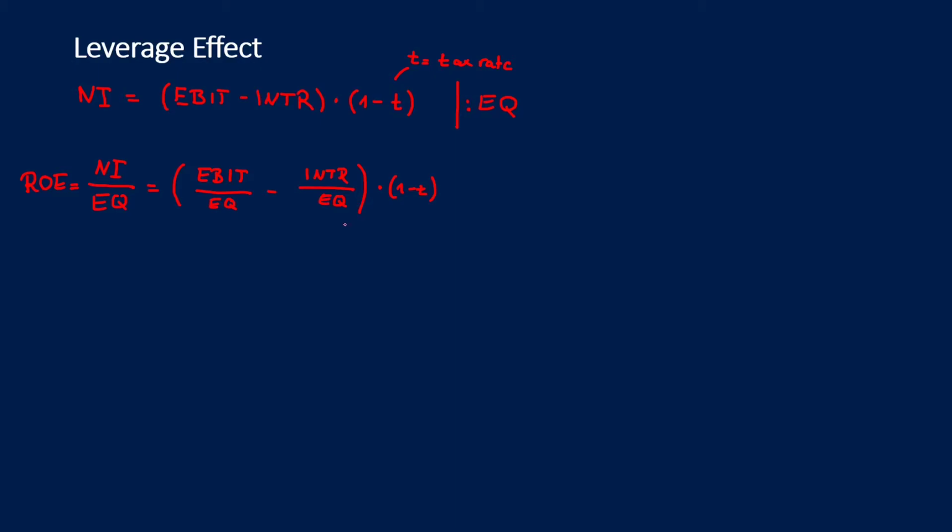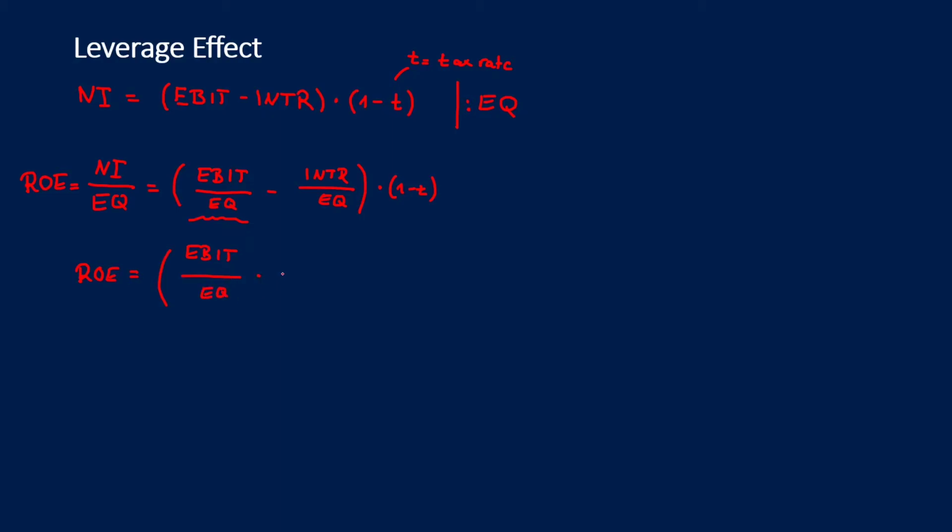Now I do something curious. I would like to multiply this ratio by 1, expanding the fraction. So, return on equity is then, again the bracket, EBIT divided by equity.